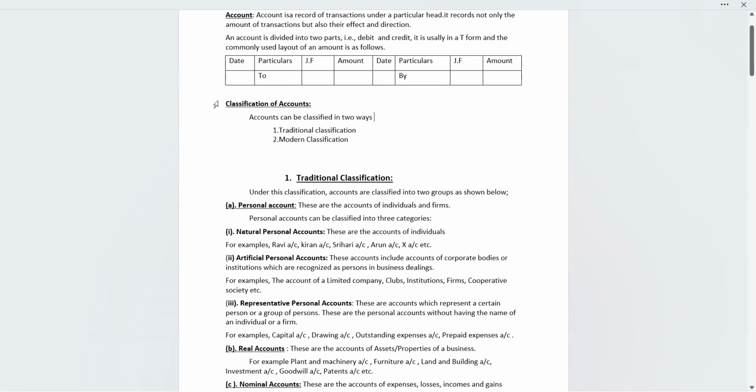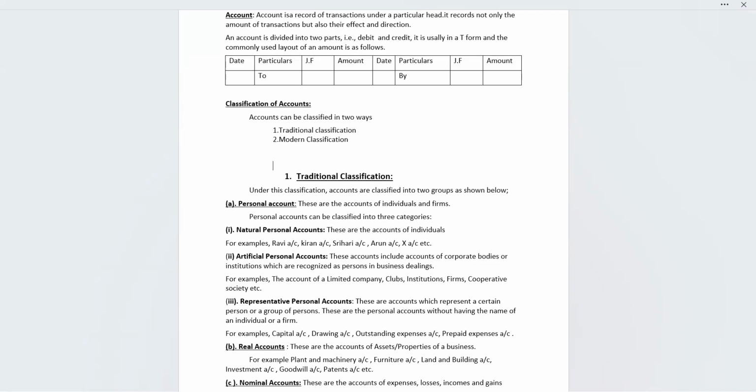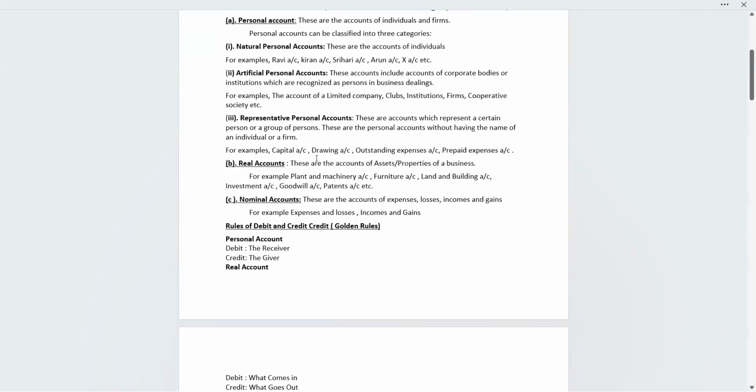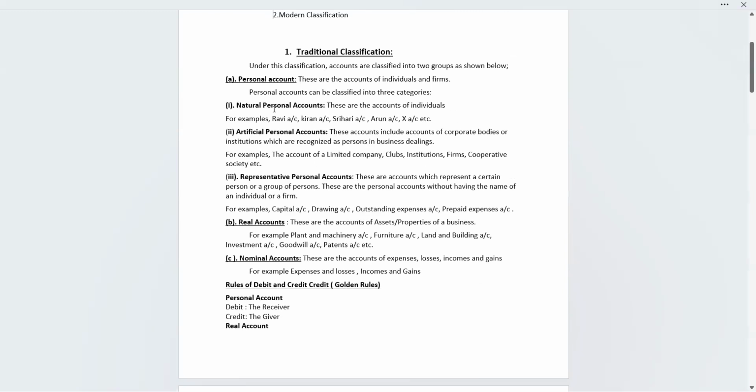Here now I explain the classification of accounts. Accounts are classified into two types: one is the traditional classification and the other is the modern classification. Now I will discuss the traditional classification of accounts.